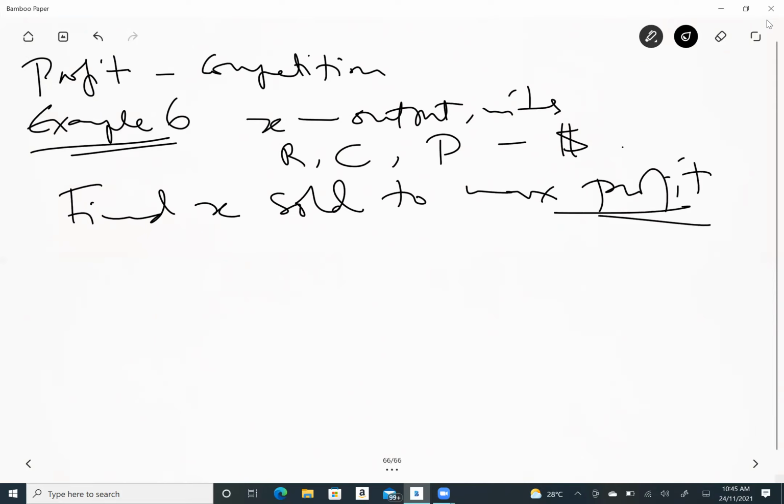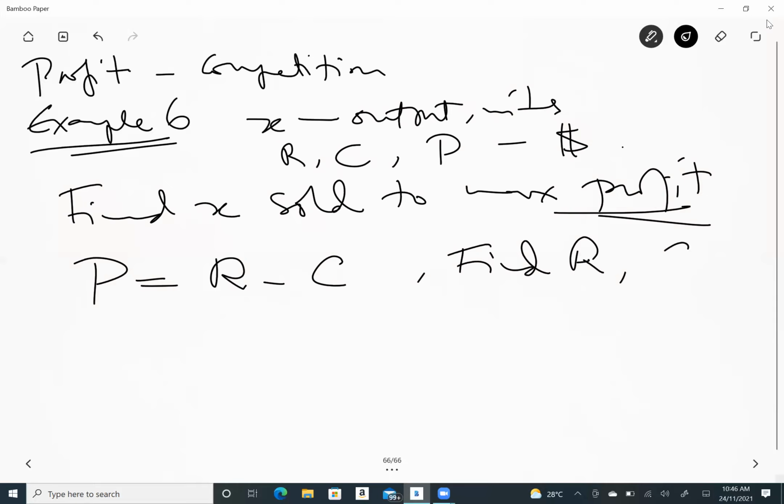So the first thing that you need to do here is what? Profit is revenue minus cost. So I need to find revenue, and if the cost is not given, we also need to find the cost. Now, you know revenue is equal to P times X. So what is the revenue for this example?